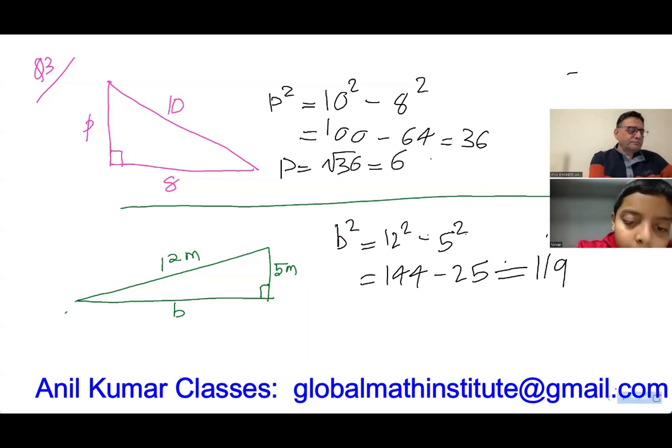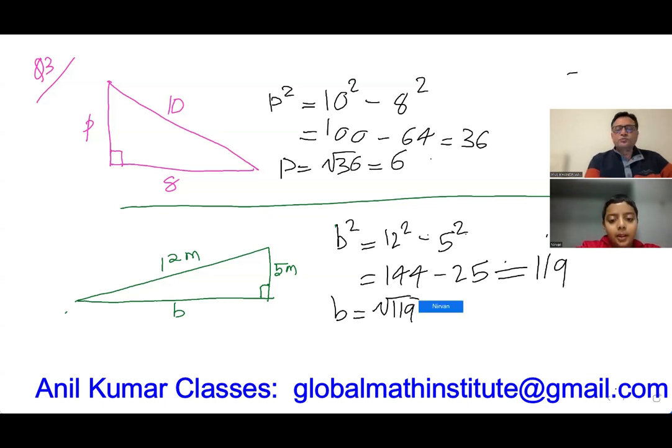So then B equals square root 119. I think that's a prime number. So you can leave this, right? Yes, and those many meters. So you get an answer in radicals, which is square root 119 meters.